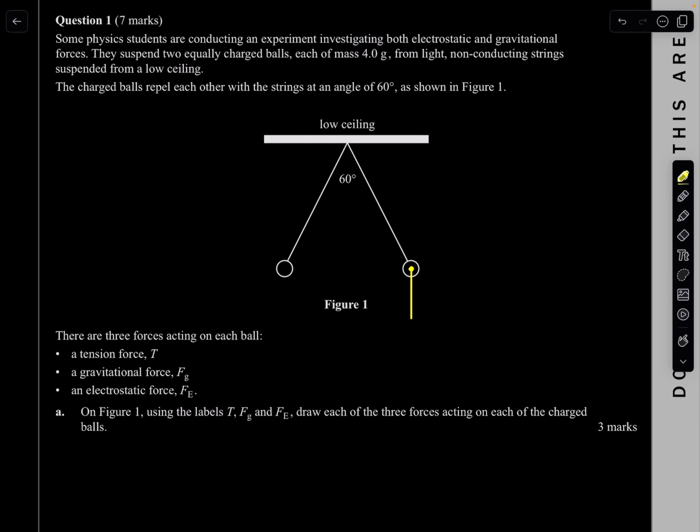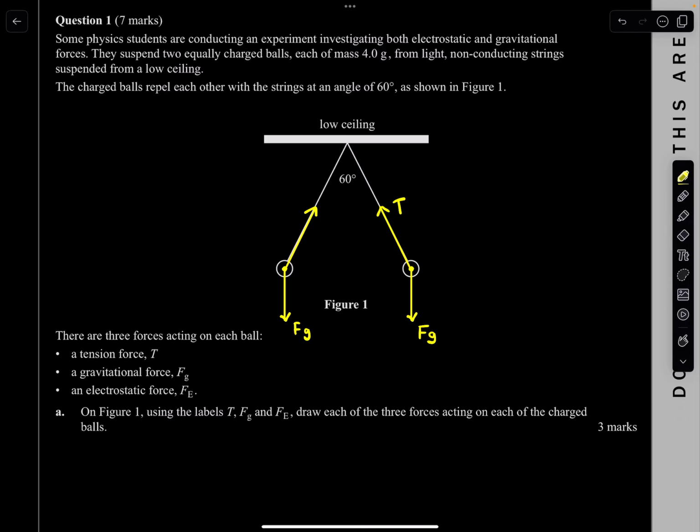Basically, the force of gravity is always acting down. So we're going to basically draw that first. I'm just going to duplicate this and put it right there. So both will have a force of gravity. They will also have a tension force that will be on the rope, basically like this. Tension.